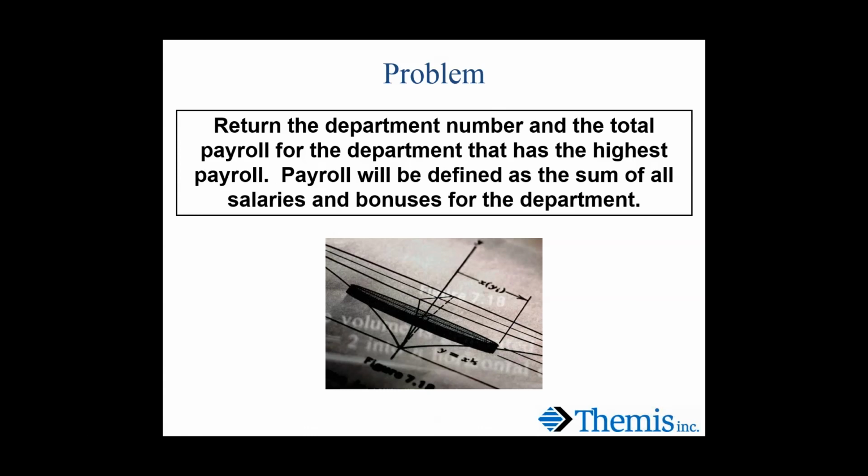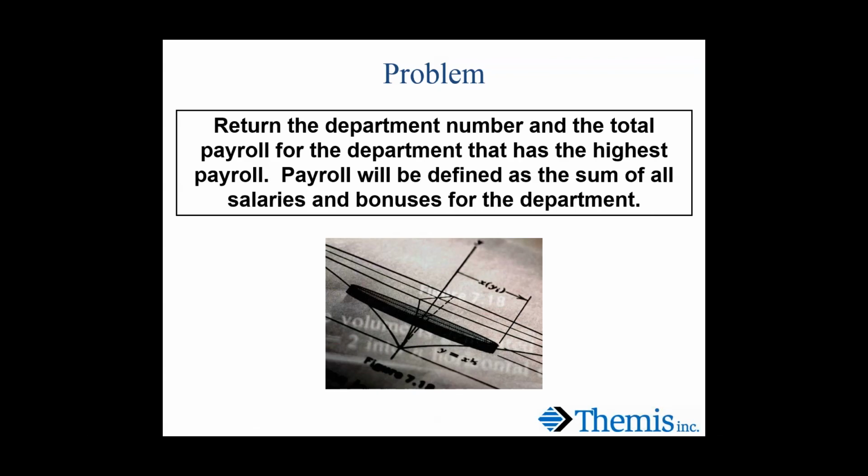Okay, so this one always got me a little nervous when I saw questions like this being asked that we're trying to solve with SQL, especially before version 8, where we had common table expressions, because I see two levels of aggregation there. First, I have to find the sum of salaries and bonuses, right?